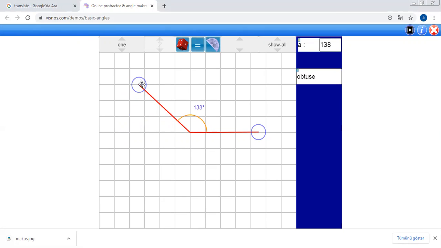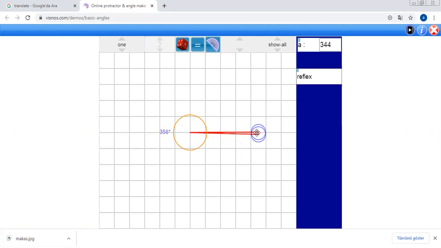And I want to check an acute angle. An acute angle must be less than 90. As you see, the name also changed automatically. It's less than 90, it's 78 degrees. So this is a reflex angle. What was a reflex? It's more than 180.